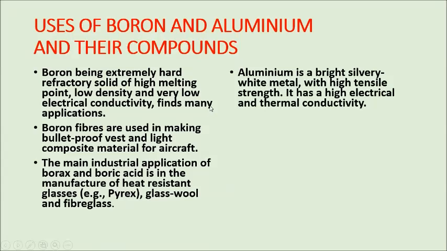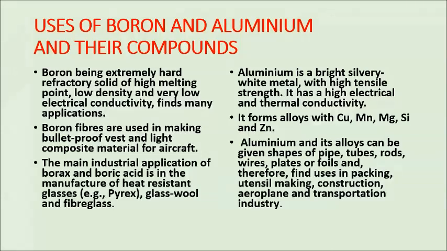If we take aluminium, it's a bright silvery white metal and it has high tensile strength as well as high electrical and thermal conductivity. It forms alloys with copper, manganese, magnesium, silicon, and zinc. Aluminium and its alloys can be given shapes of pipes, tubes, rods, wires, and plates.